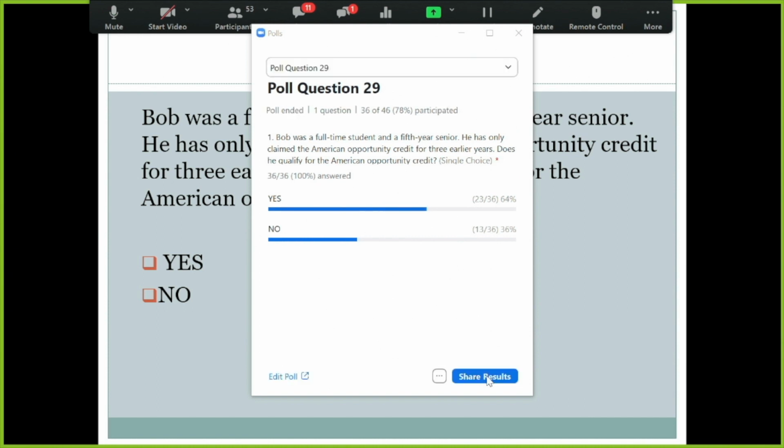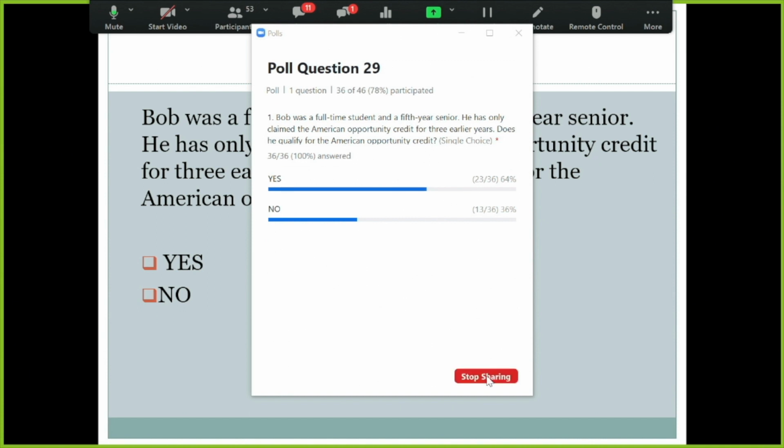Okay, this question was a little tricky, but if you answered yes, and 64% of you did, you are correct. Although he is a fifth-year student, he's only claimed the credit in the past 3 previous years. He's pursuing a degree. He doesn't have a degree.